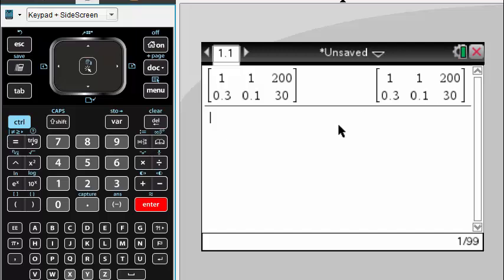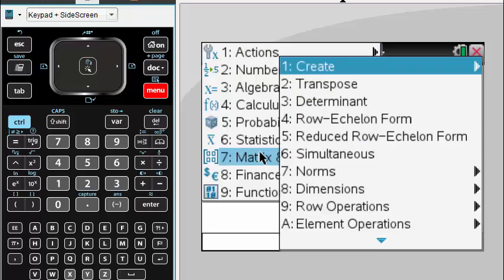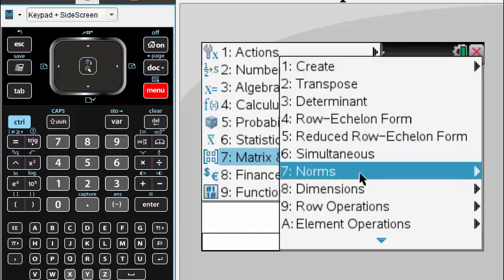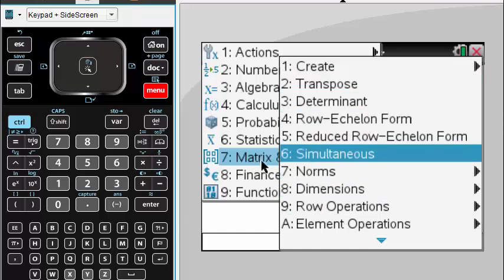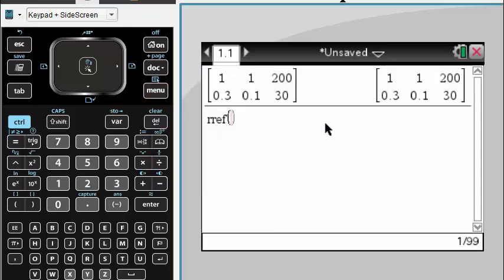Now that the matrix is stored, we're going to use the built-in functionality of the calculator. If you go to Menu, since we're working with the matrix, we're going to click on the matrix section, which opens up a bunch of functionality. Within the matrix section, you go to Reduced Row Echelon Form. When you click on that, the calculator brings up the RREF.